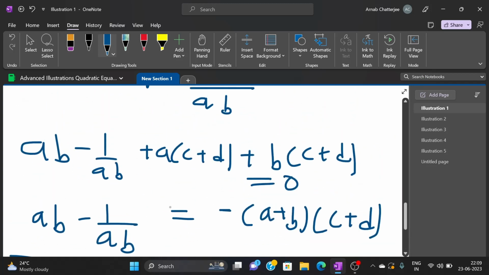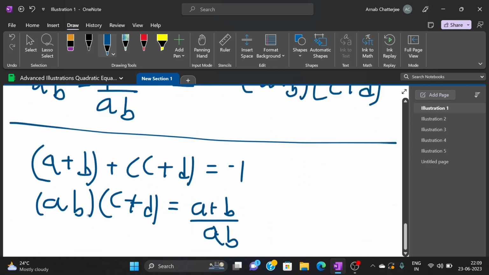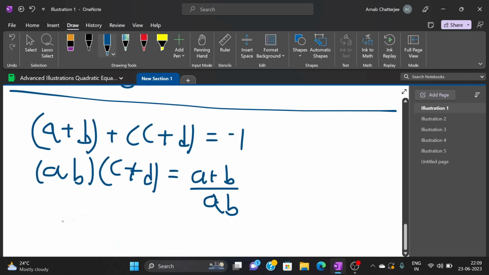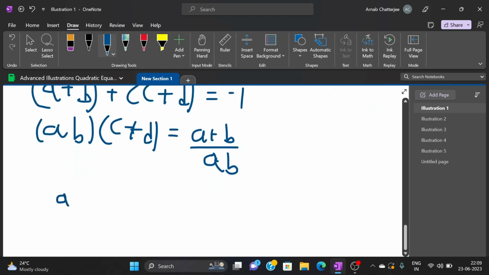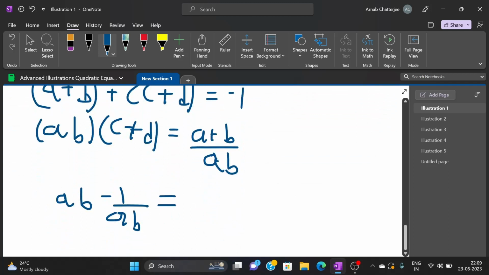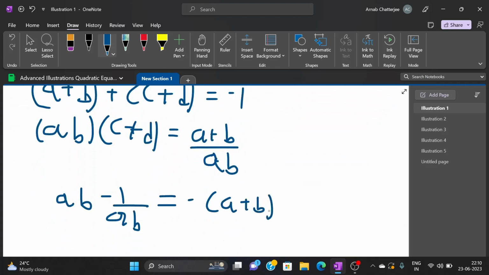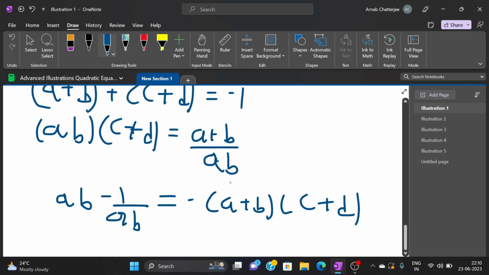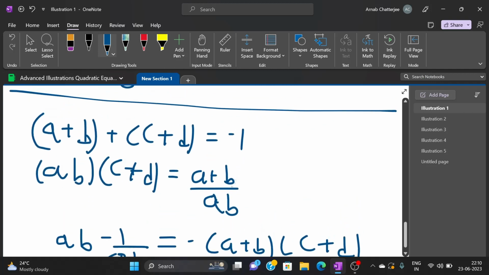And the third equation is AB minus 1 by AB equal to minus of (A plus B) into (C plus D). So all I have to do is eliminate A plus B and C plus D, and this is very intuitive.